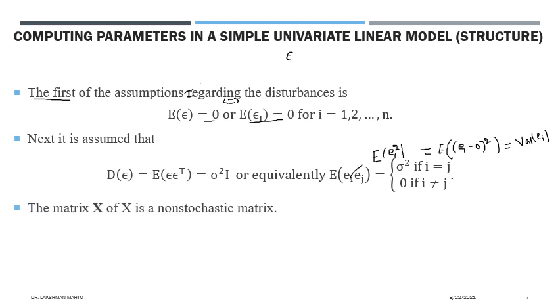Now, the third assumption is that the matrix X that we constructed in the last slide, the matrix of explanatory variables or attributes, is a non-stochastic matrix with linearly independent columns. That means this matrix is deterministic in nature. There is no randomness in this matrix.